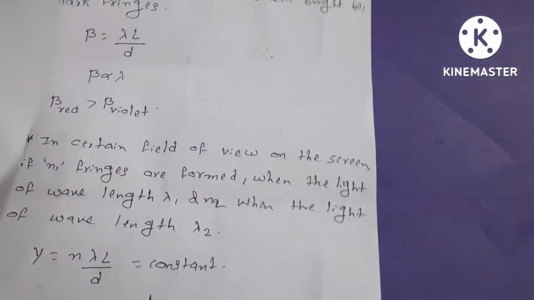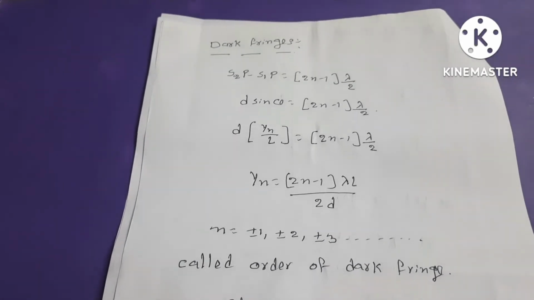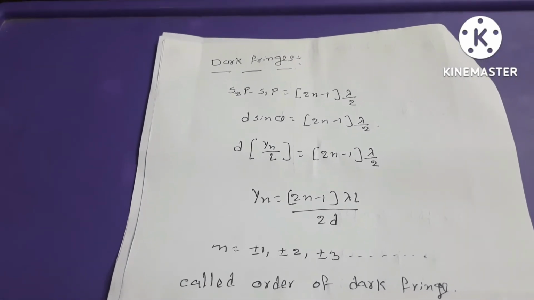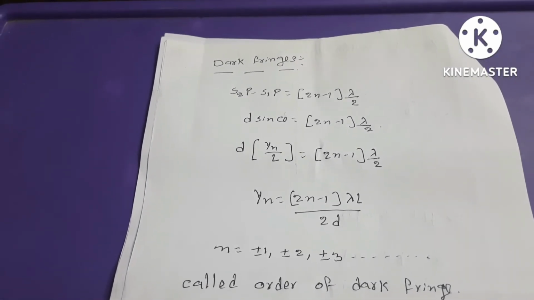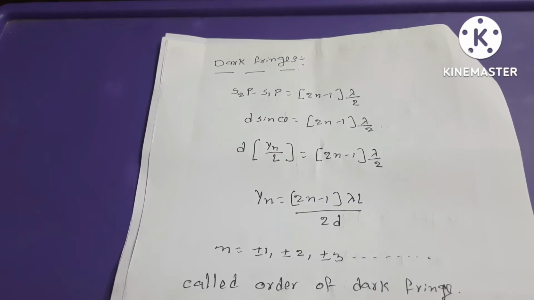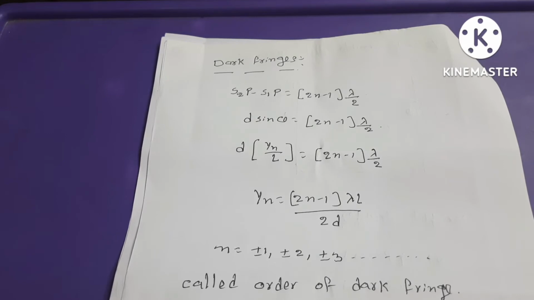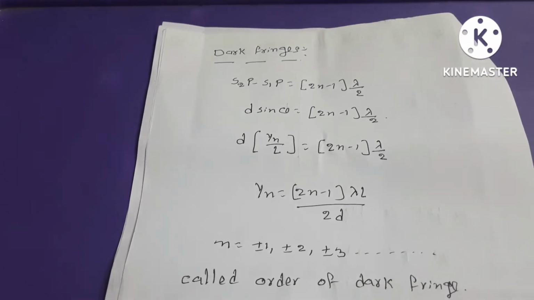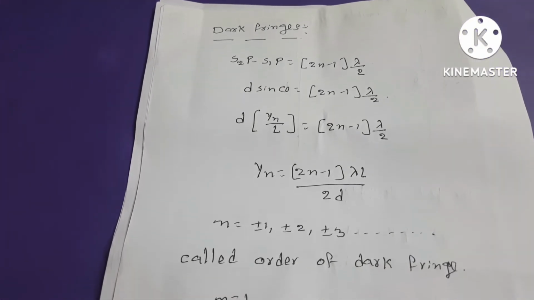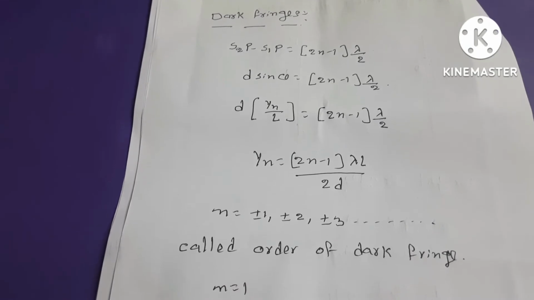Then we can go through the dark fringe, after the bright fringe. You know that in interference we get bright and dark bands. For the dark fringe, the condition for the path difference S2P minus S1P is (2n minus 1) into lambda by 2.